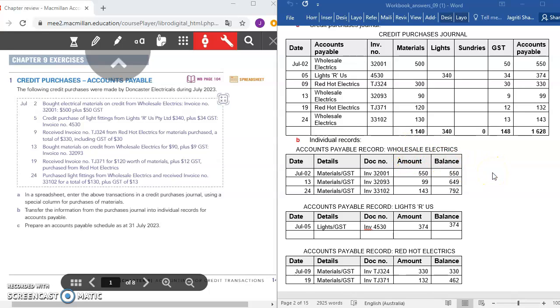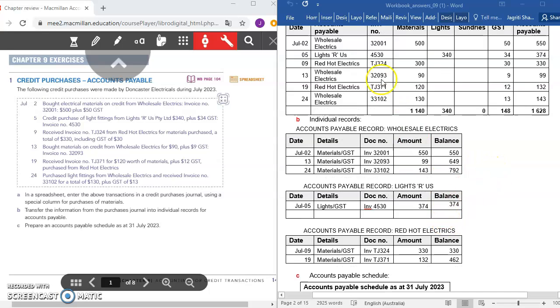Same as Lights Are Us. So let's look at 5th of July, lights, invoice number this, total amount this, $374 from here. Now Red Hot Electrics, let's look at these two entries there. July 9th, materials GST, invoice number this, amount $330 again from here.